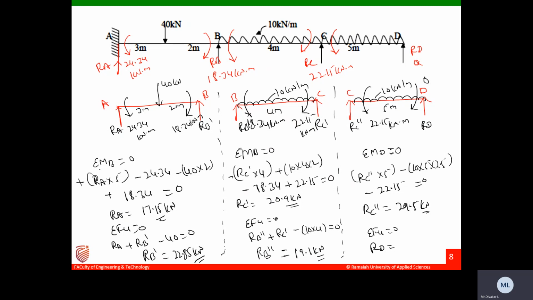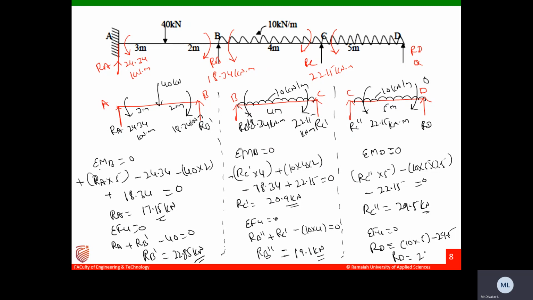So sigma Fy equals to 0. This will be RD equals to 10 into 5 minus 29.5.